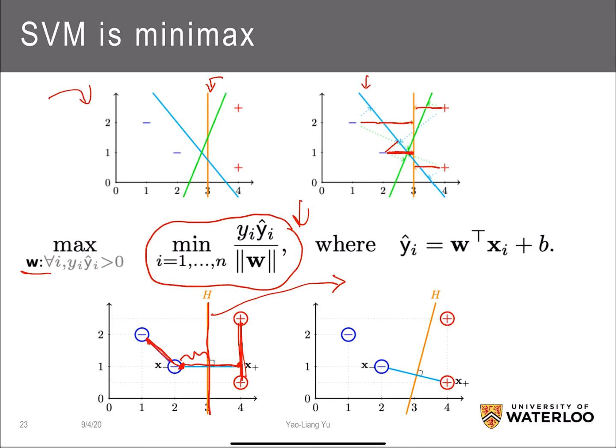The difference is, in perceptron, we just run the iterative algorithm and we arrive at any solution that can separate the positive from the negative. Whereas in support vector machines, you actually find the separating hyperplane, or the line, that separates the positive from the negative the most, in some sense.